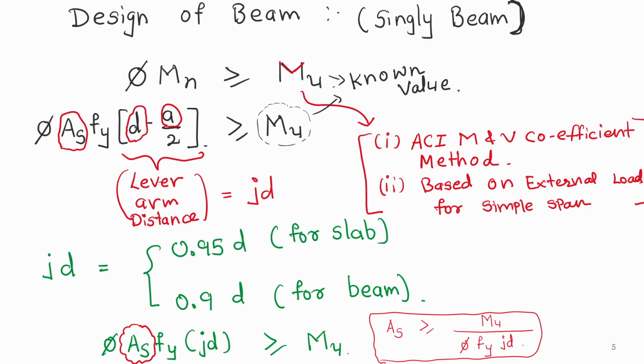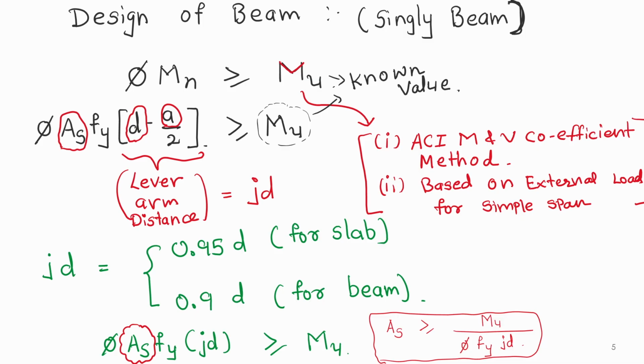And then when we have all of these, we are using the equation for moment strength capacity. If we are talking about a single beam, that is strength reduction factor times the area of steel times the yielding stress times (d minus a over 2). This (d minus a over 2) we are calling the lever arm distance, or jd, and for jd we are using 0.95d for a slab, and if we have a beam we are using 0.9d.